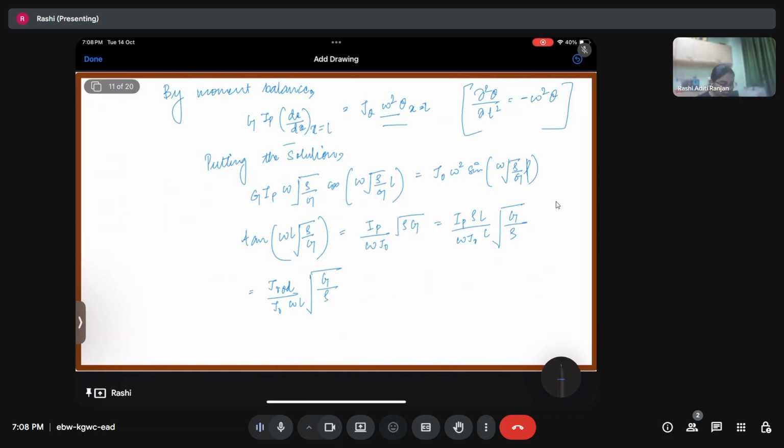If you look closely, we send omega L and this part to the left hand side. Again, we are going to get beta into tan beta is equal to J of rod by J naught, where beta is omega L under root of rho by G.